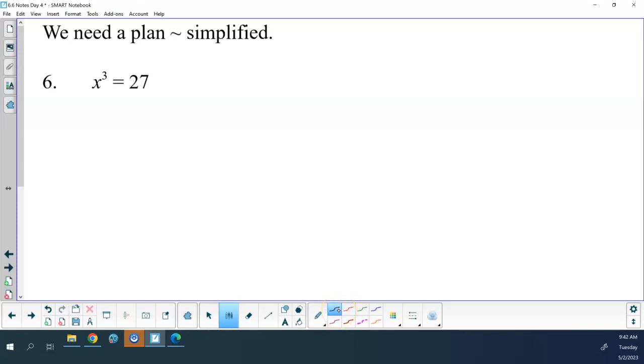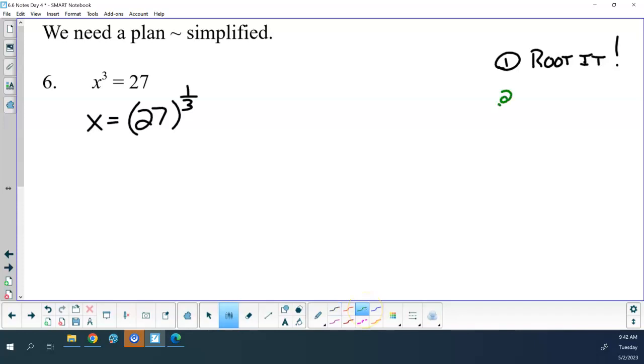So step number 1 is we are going to root it. Meaning, I want this to be x equals 27 to the 1/3 power. We rooted it. Step 2 says we're going to trig it.